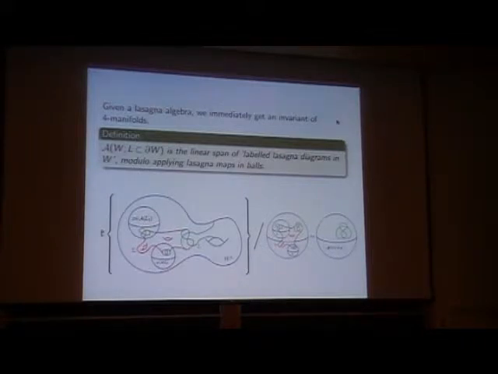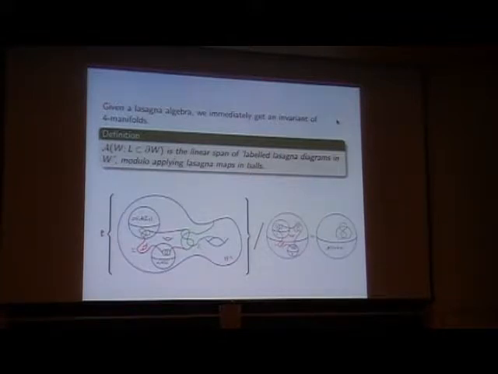So forget the relations for a moment. What are labeled lasagna diagrams? I just draw one of these same sorts of pictures in my 4-manifold W. I cut out some interior balls, I put some surface in the complementary region, and the surface meets everything in some link. Some links in 3-spheres on the inside, and some link in an arbitrary 3-manifold bounding this 4-manifold on the outside. Okay?